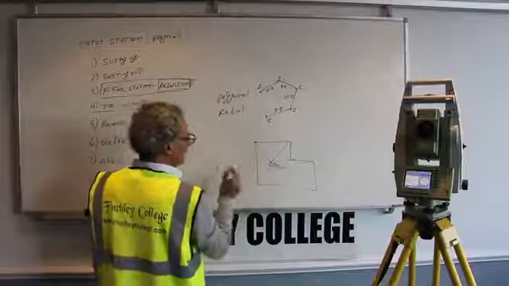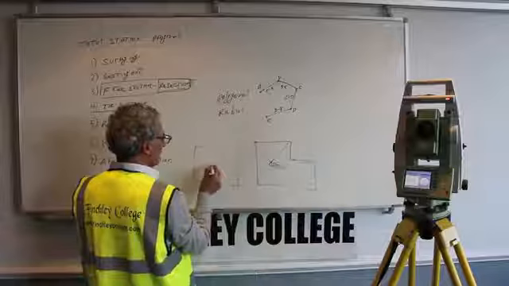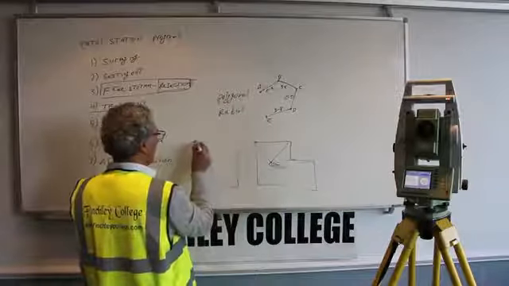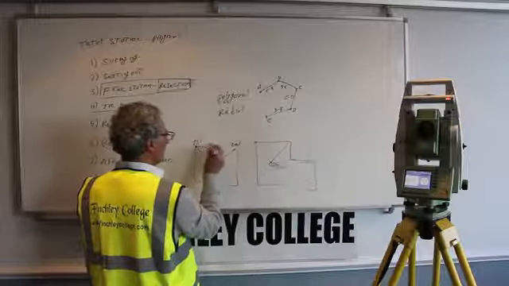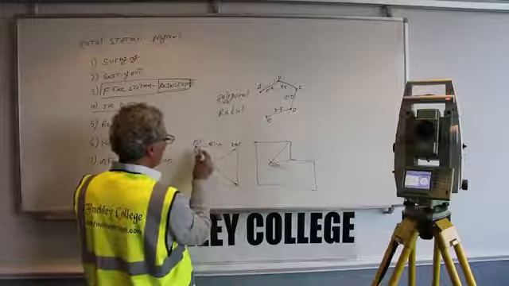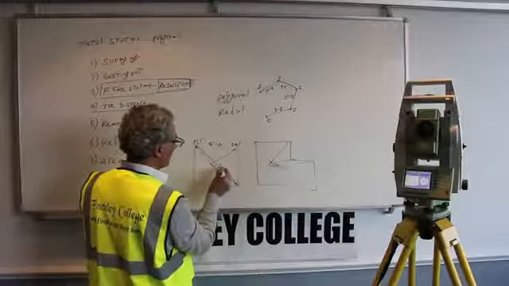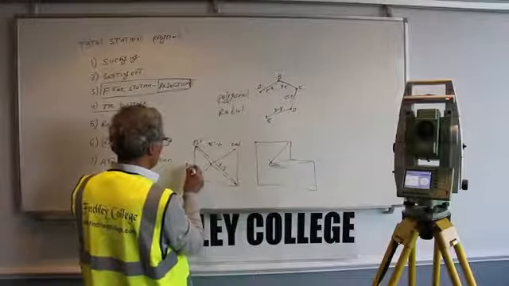With the radial, it is different. With the radial, you sight to the first point, then you sight to the second point. It gives you the distance between first and second. Then you sight to the third point. It gives you the distance from first to third. Then you sight to another point. It gives you the distance from first to fourth.